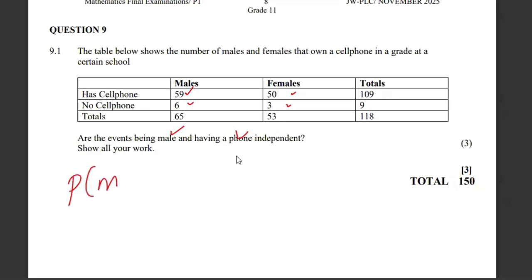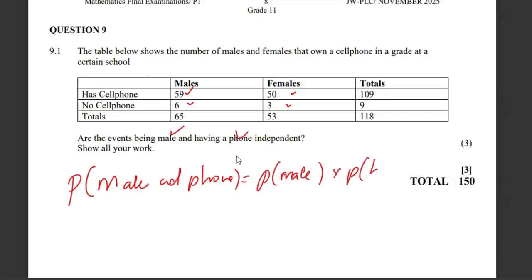So we're going to say that male and a phone is going to be the same as the probability of male times the probability of having a phone. So how many males have cell phones? It's 59 over 118. Probability of male is going to be 65 over 118 times the probability of a cell phone is going to be 59.